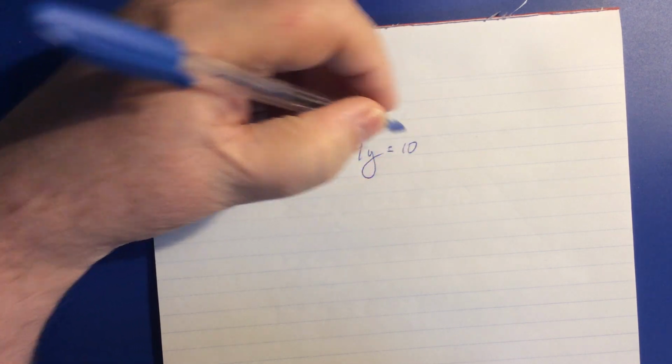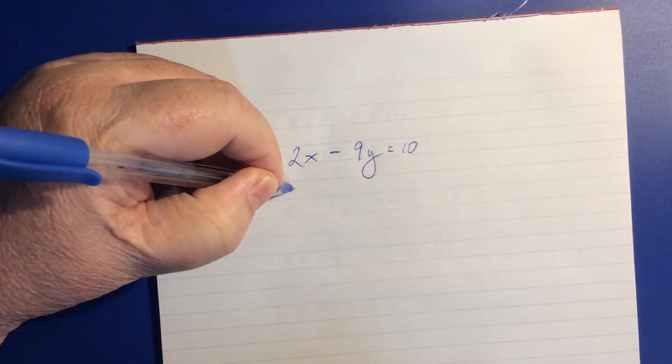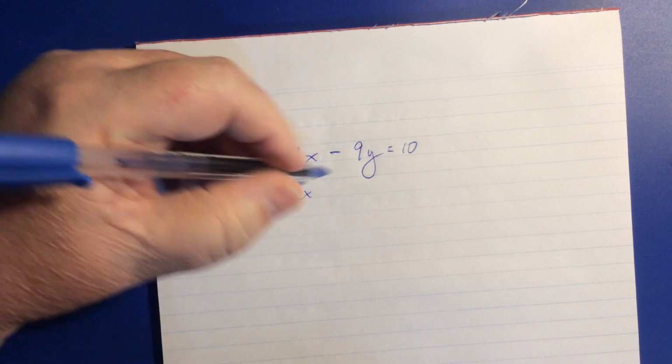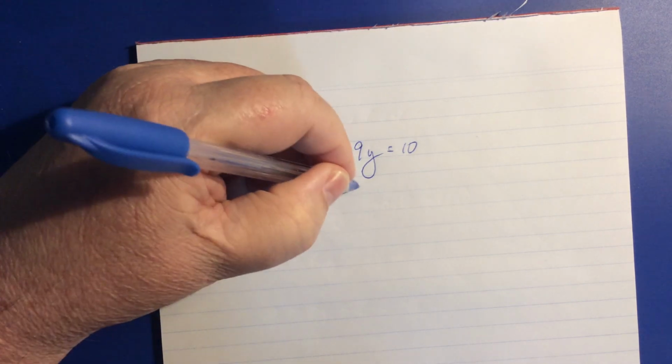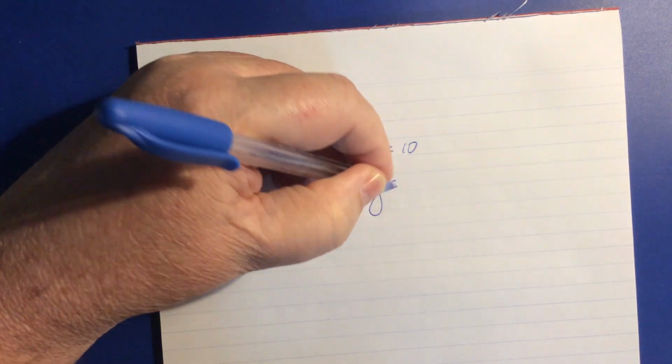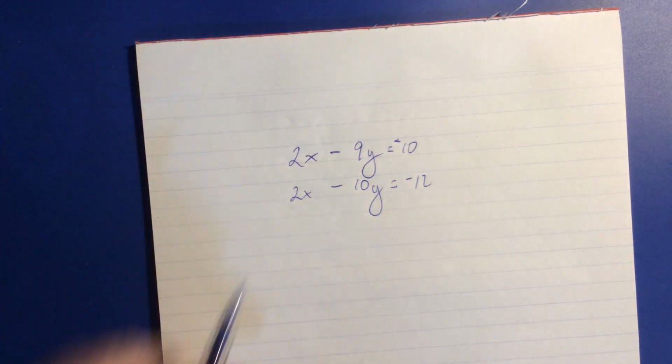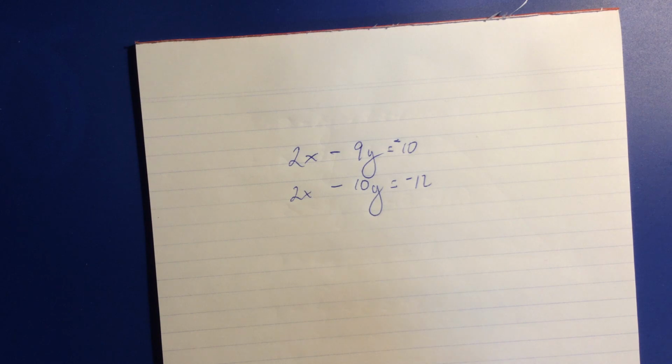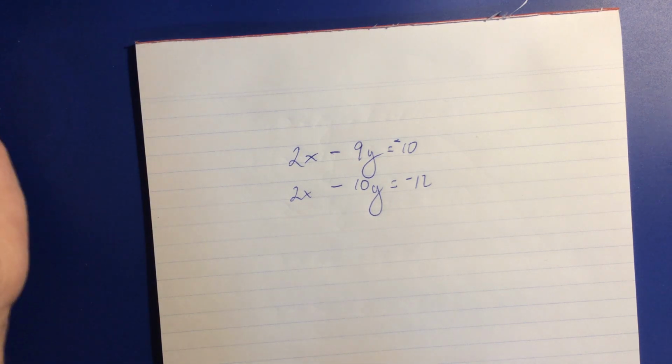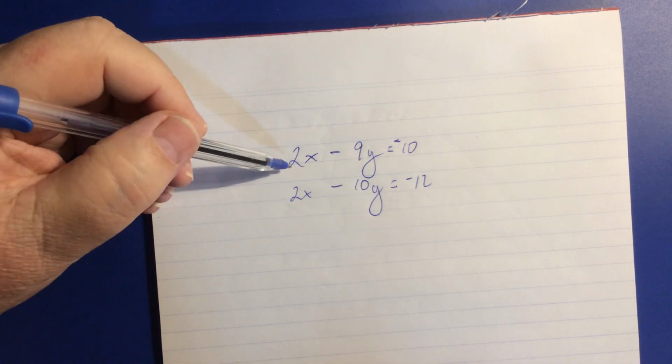Right, so we have 2x minus 9y equals -10, and we have 2x, really fortuitously, minus 10y equals -12. Sorry, that should be -10 for the first one. What was I saying about negatives? I'm shocking. I really am, and I apologize.